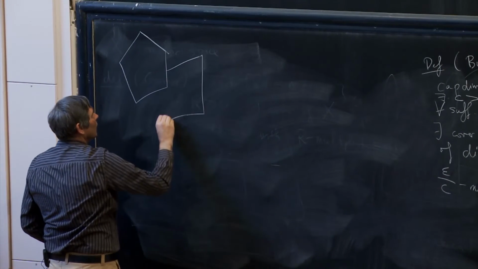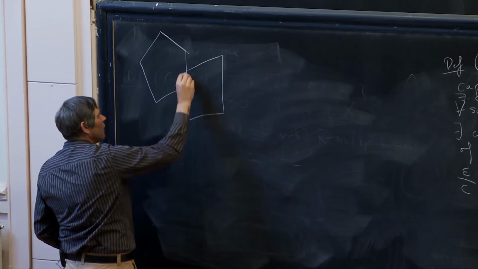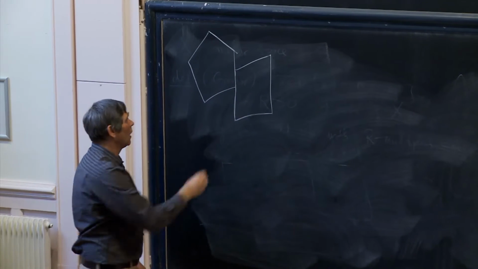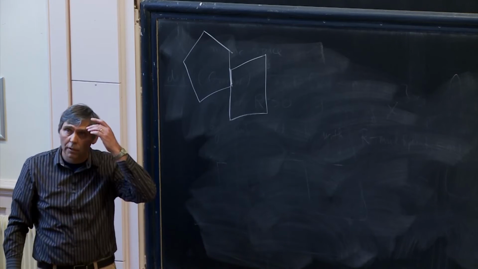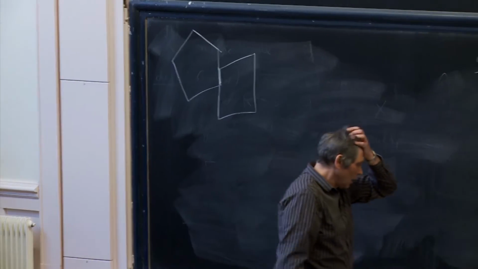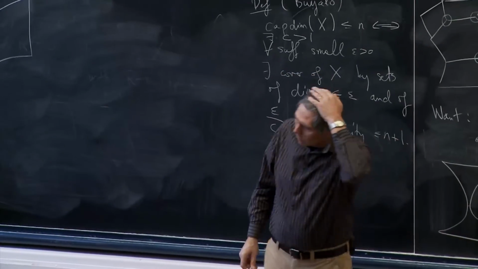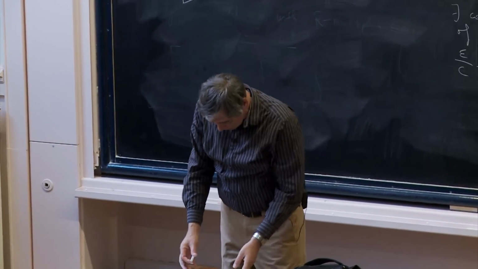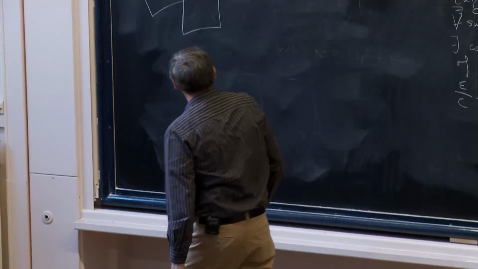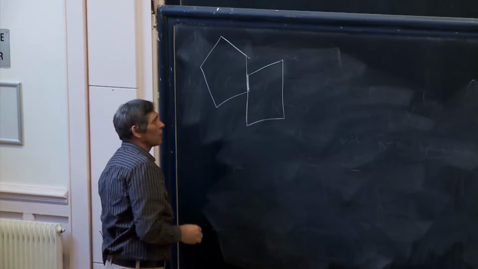So even though I know that faces have size roughly epsilon, I still have to worry about this intersection having size less than epsilon. And this is where we use a slight generalization of the work of Hamenstädt. I won't go into the details, but this is what rules out this sort of possibility.